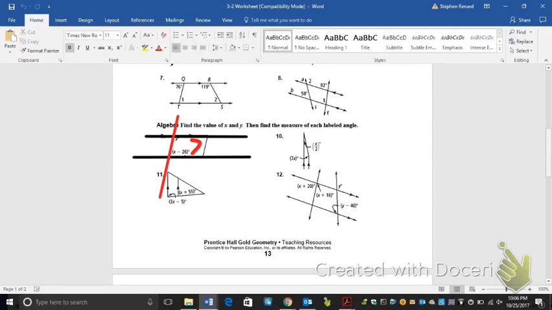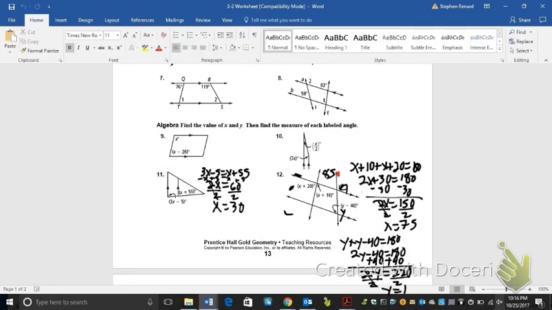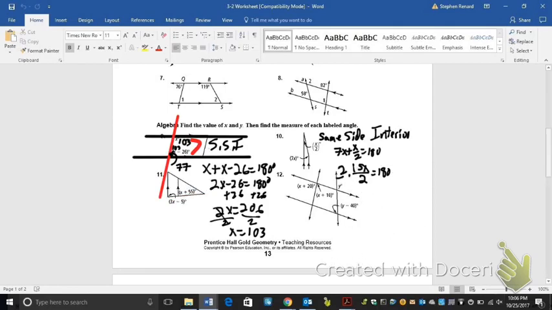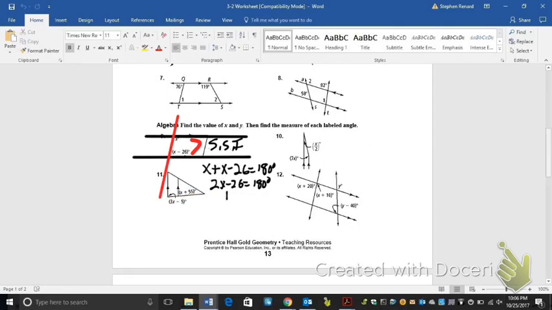And we know that same side interior angles are supplementary when two parallel lines are crossed by a transversal. And if they are supplementary, that means their sum is 180 degrees. So what we do is we'd run the math.